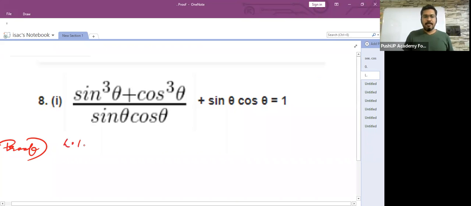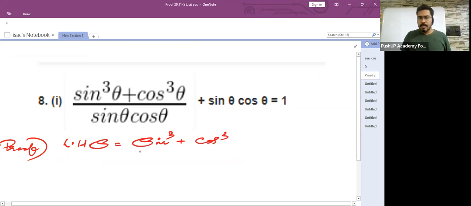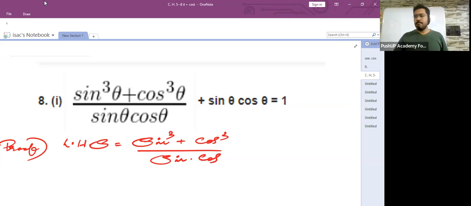The left hand side is equal to, Ria, did you solve it? Sir, even I didn't get it. I'm stuck. You are also stuck. Okay. So we'll do it together. Now pay attention, Milan.